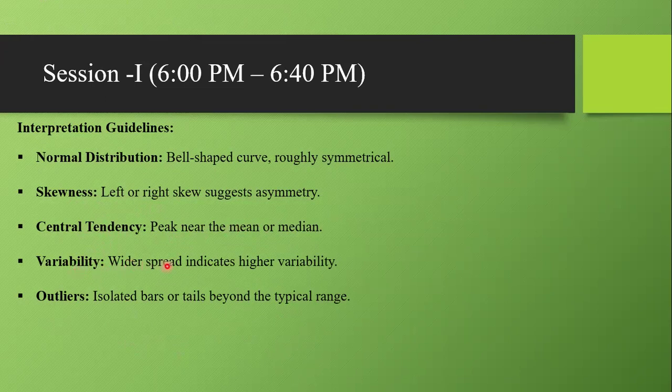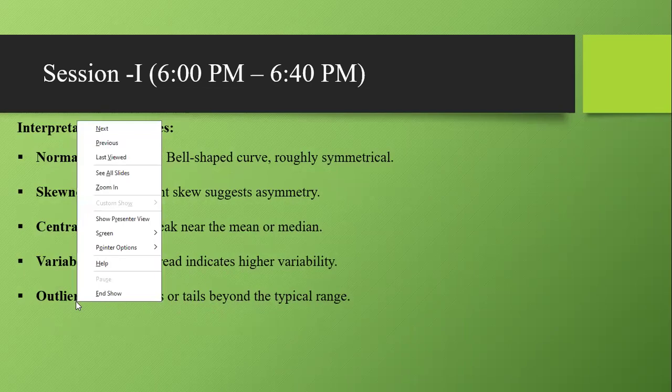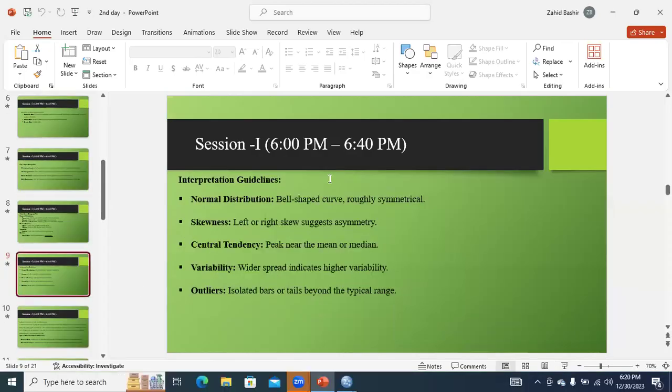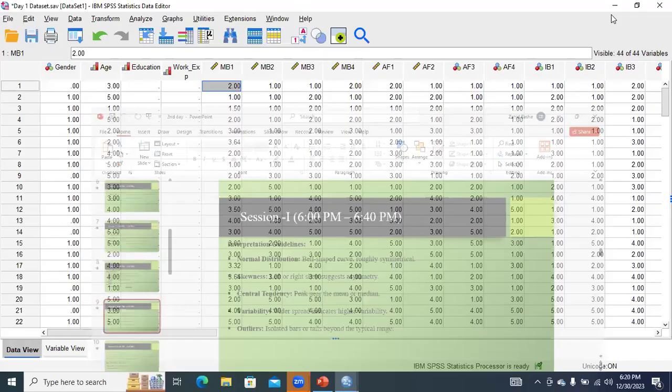If there is a wider spread between the bars of the histogram, we can state that it contains higher variability. In addition, if there are some isolated bars or tails beyond the typical range, we can say that there are some outliers. So let's start how we can perform these steps in SPSS.